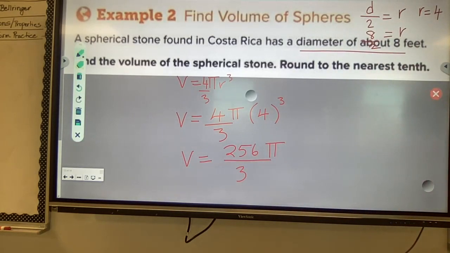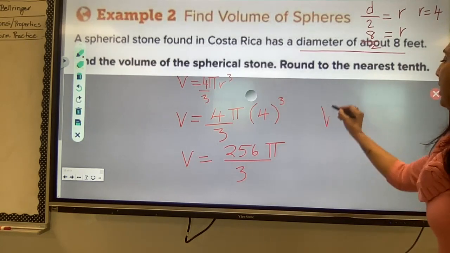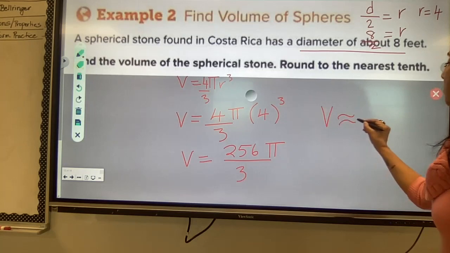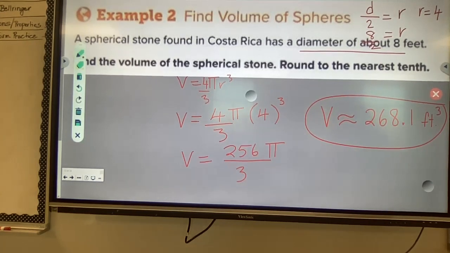Then when I use a calculator, I change my equal sign for the volume to an approximation, because the value of pi is an approximation, and I end up with 268 and 1/10 cubic feet. So the volume of the sphere is about 268 and 1/10 cubic feet.